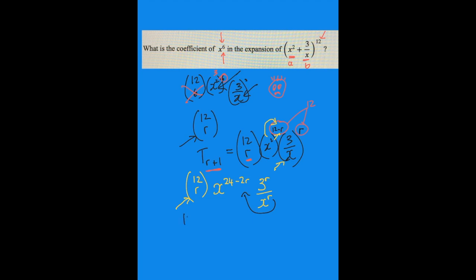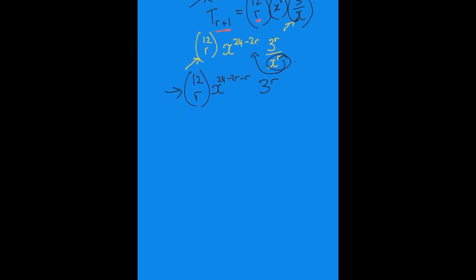So we've got 12 choose r, still mustn't forget that, you've got to come back to that. So x to the 24 minus 2r minus r, times 3^r. Continuing on, 12 choose r, keep that safe, x to the 24 minus 3r times 3^r.